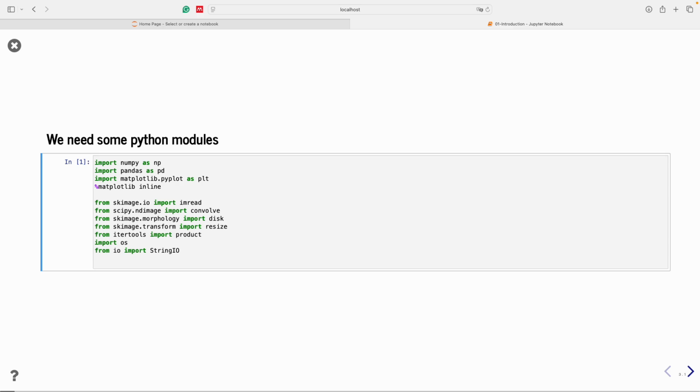I come more to the topic Python later, but for now, each notebook that I'm working in needs some libraries to execute, so I need to execute this line. And now we are ready for the lecture.